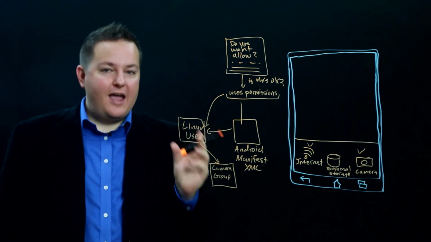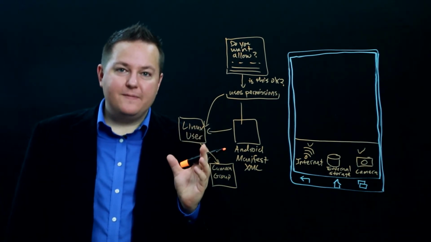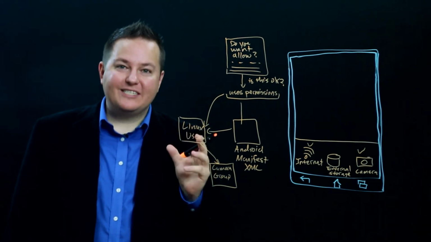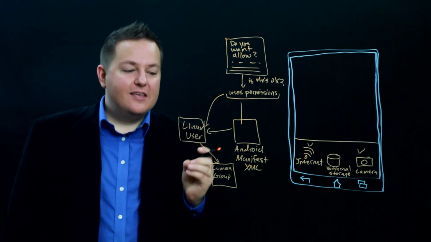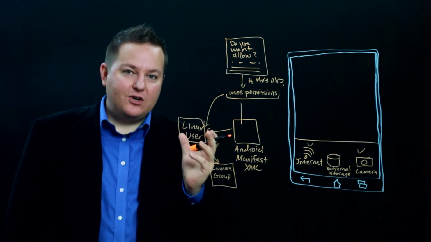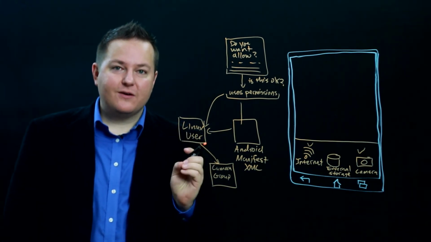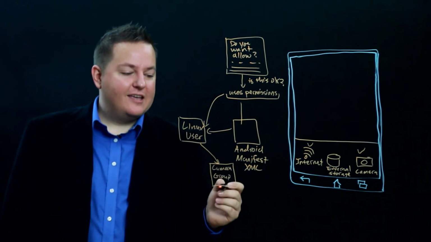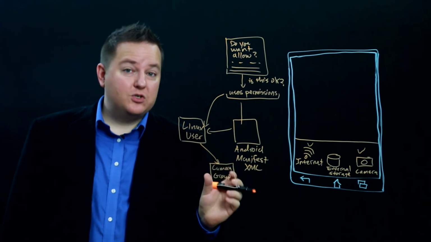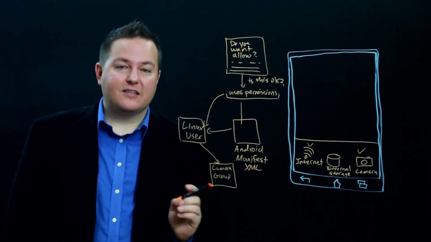And so now, when your app is running, if your app tries to access the camera, Android and its underlying Linux kernel can look at the user account associated with your app and check if it's part of this Linux user group that should have access to the camera.